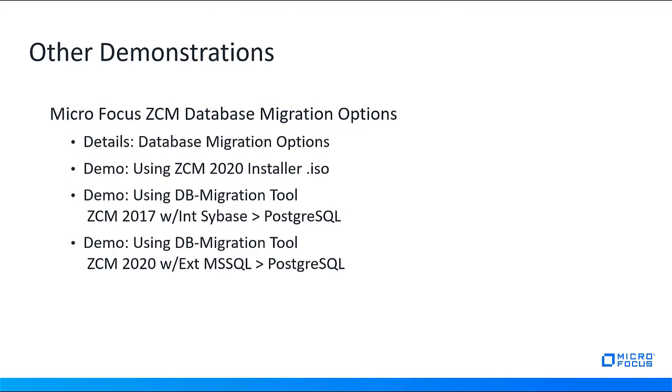There's a demo using the ZCM 2020 installer ISO, so if you forget to migrate your Sybase and you bring up the 2020 ISO, it'll automatically go into the database migration for you, telling you that you have to do that first. And then there's a demo using the DB migration tool going from the internal Sybase to PostgreSQL, and then the DB migration tool going from external MS SQL to PostgreSQL.